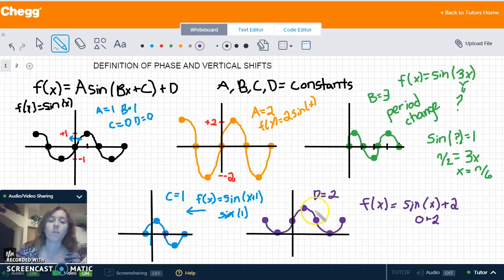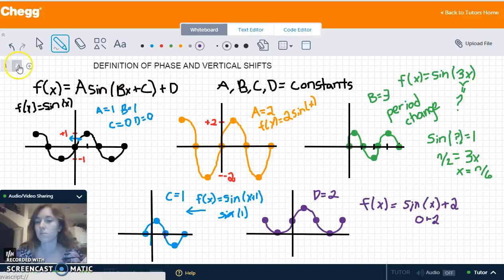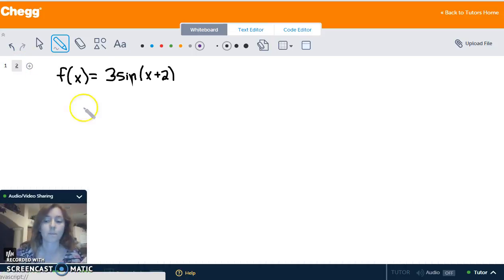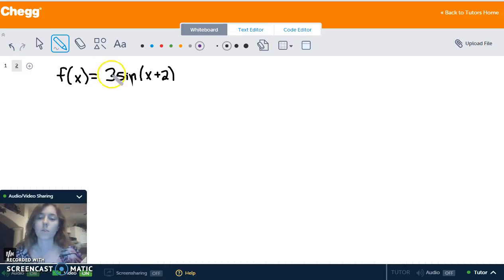So let's put all of this knowledge into an equation, or in a problem. Now we have 3 times sine of x plus 2. So we're going to take our original graph.